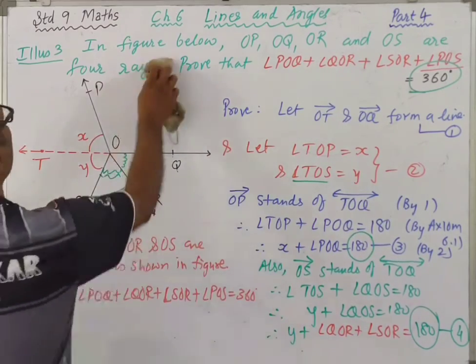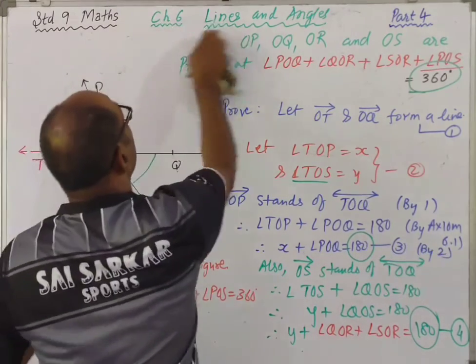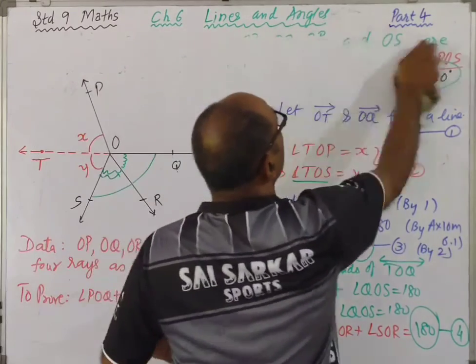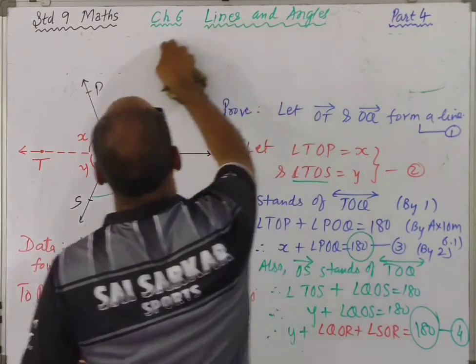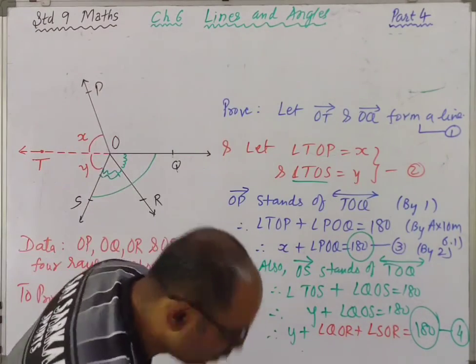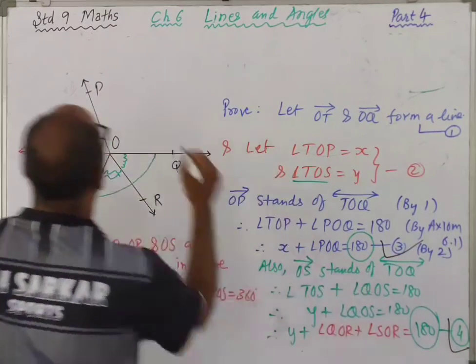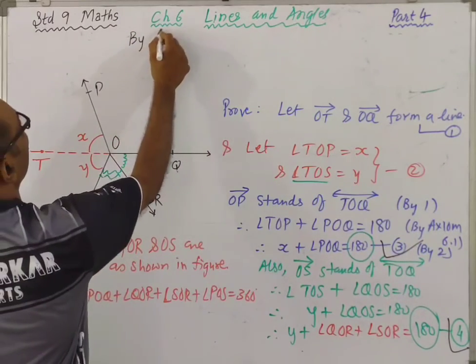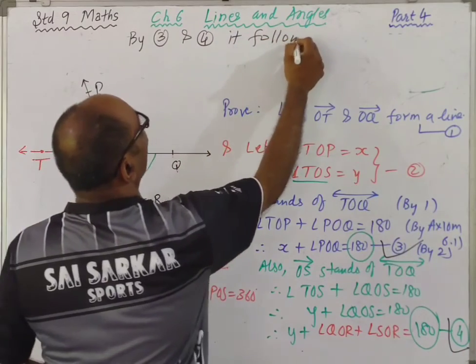So I'll have to erase the statement to proceed with the proof further. Let's see what I'm going to write. By 3 and 4.